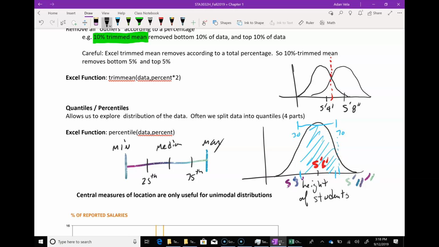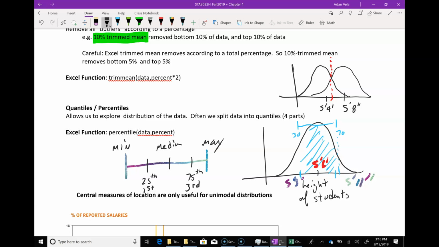That's why we call it quantiles. So we'll talk about the first quantile, the second quantile, the third quantile, and the fourth quantile. And in fact, the ones that most people are interested in are the first and third quantiles, okay? And nobody actually calls it the second quantile, they just call it the median.